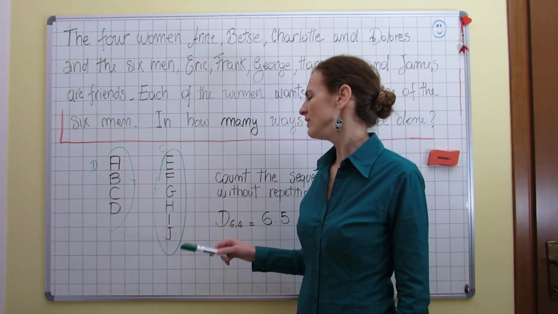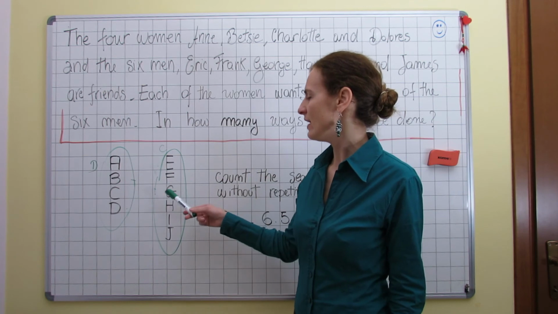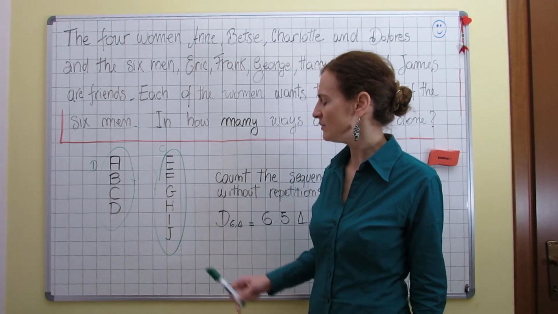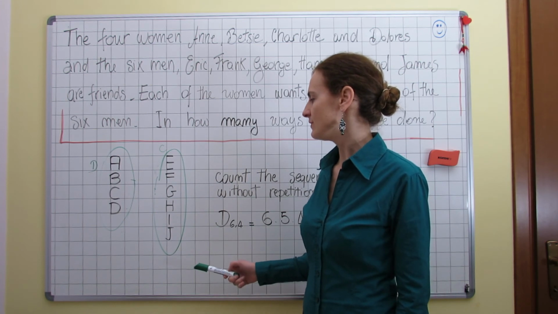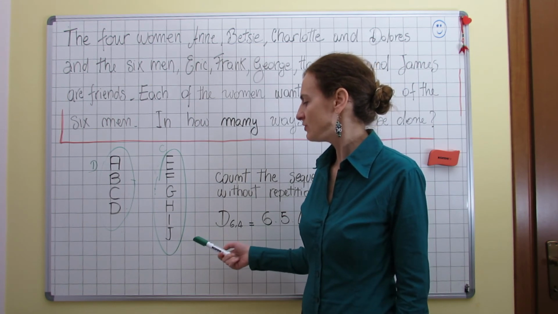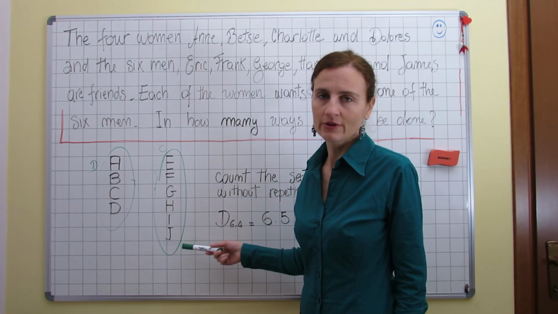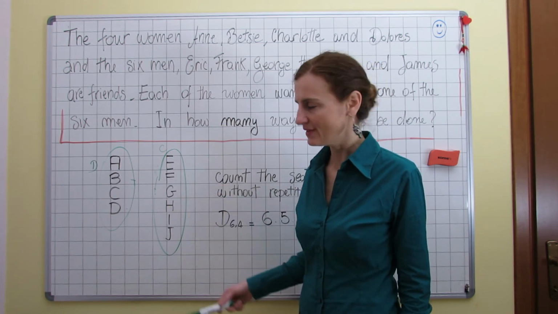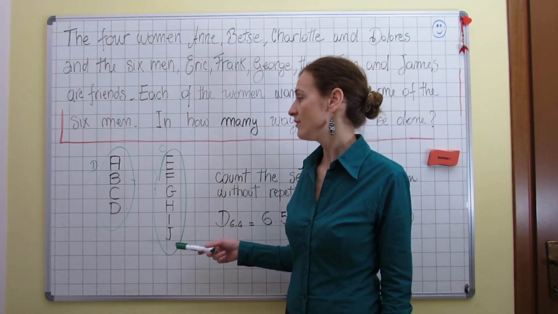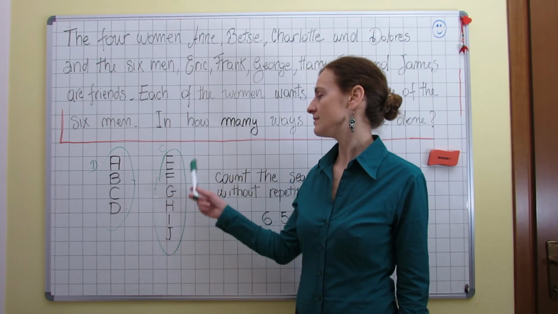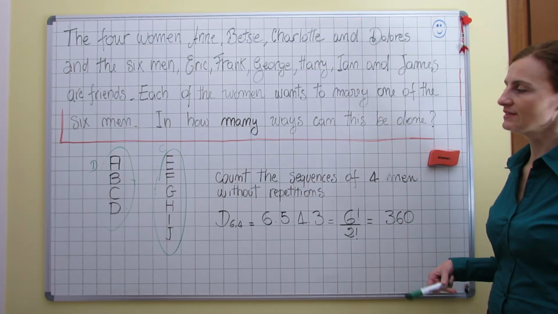Indeed, it will never be surjective in this case, because you have 4 elements here and 6 elements here, so there's no way to have a surjective function, because some men will be left alone anyway. There are too many. So how many of such functions are there from set D to set C? 360 such functions, as we said previously.